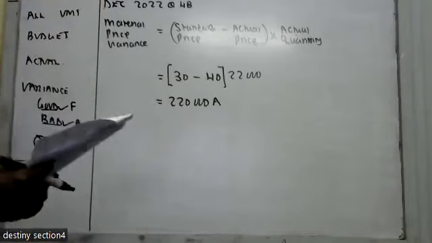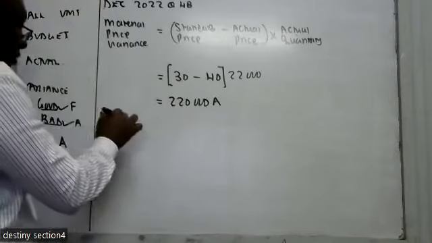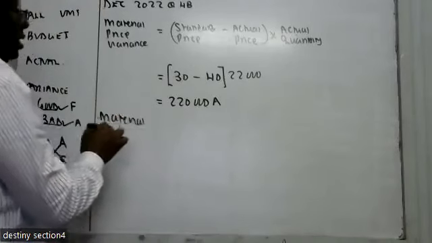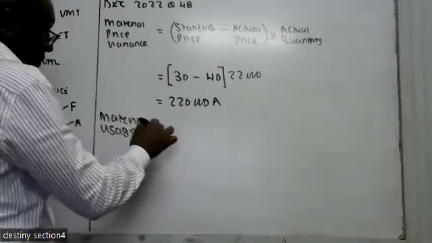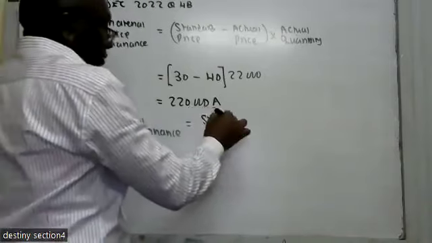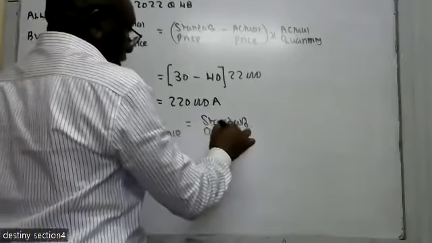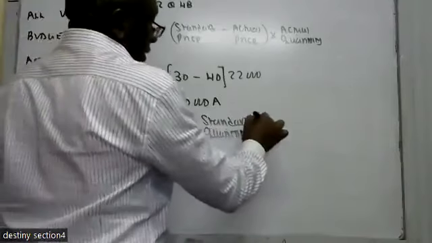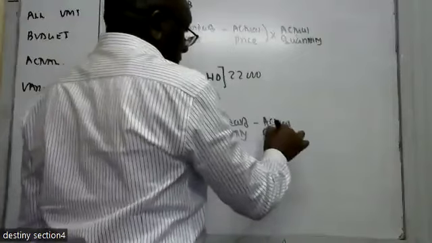Okay, the next one is called material usage variance. Materials usage variance is given as standard quantity minus actual quantity.